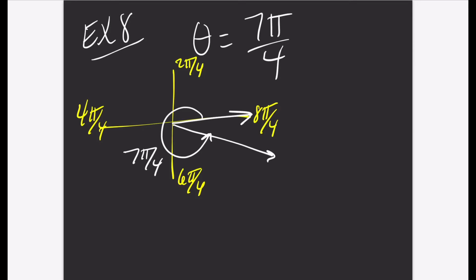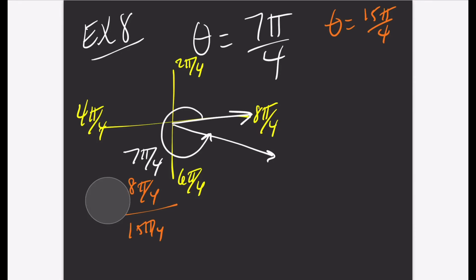Now, if you want a positive coterminal angle, just add a full revolution. 1 full revolution is 8 pi over 4. That leaves you with 15 pi over 4. So that's the first coterminal angle.